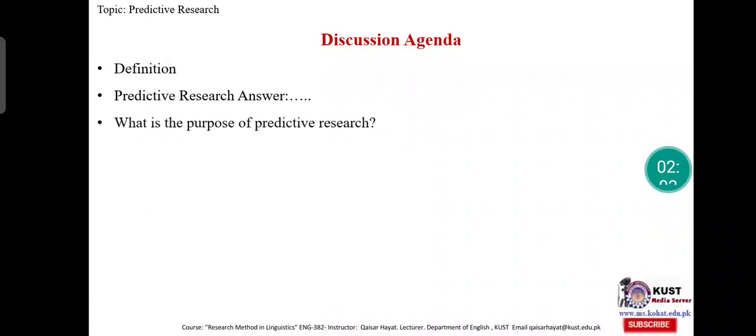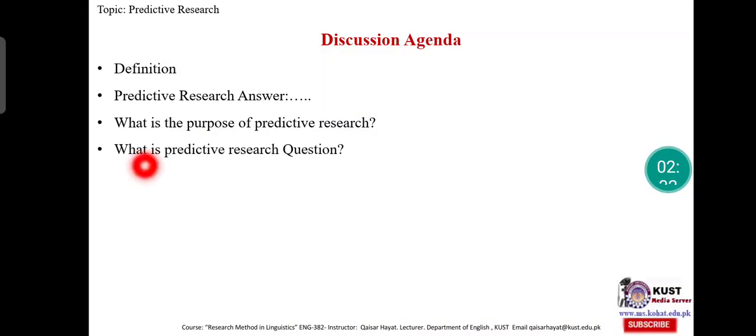After telling you the action area of research, we shall study what is the purpose of predictive research. Student, different research has been carried out for different purposes. So we would try to know what type of purpose predictive research has, why it has been selected for different types of work.